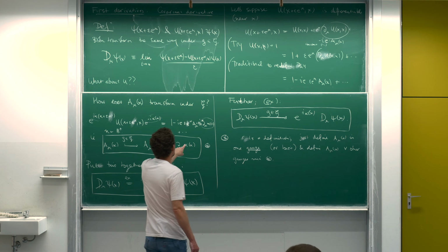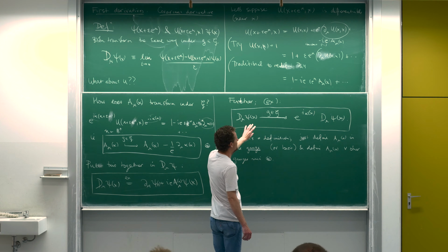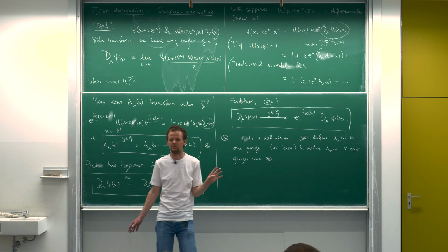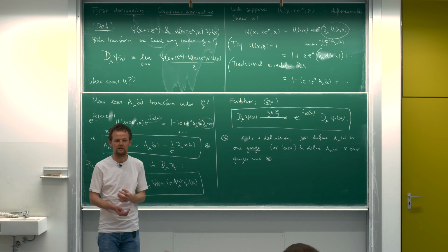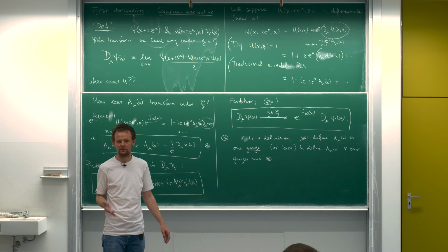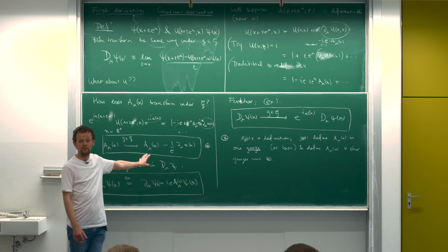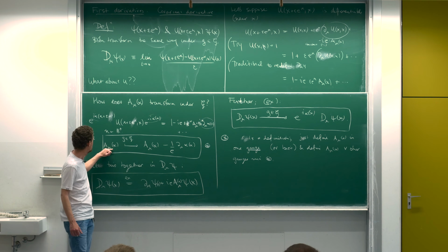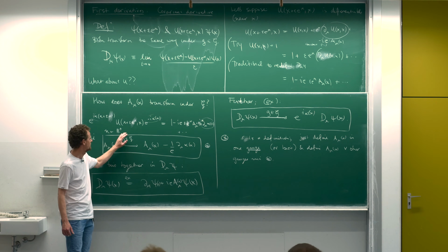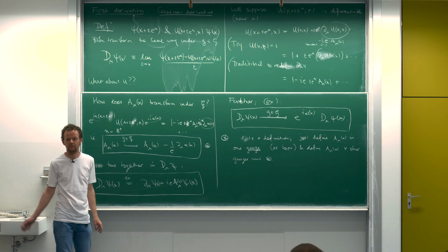So instead of just having a parallel transporter given to us by clever mathematicians, let's think how we would build one. We would build one by first finding an A mu of x, just one assignment of A mu of x for all x.